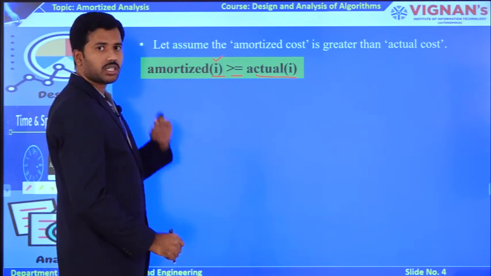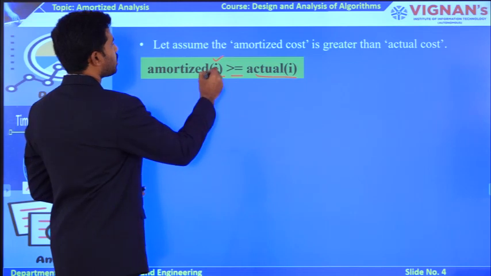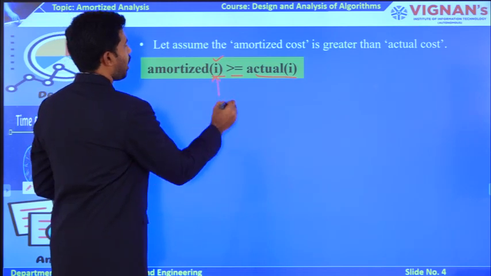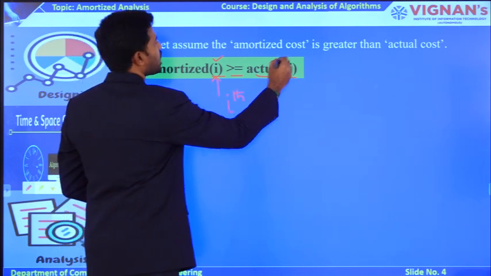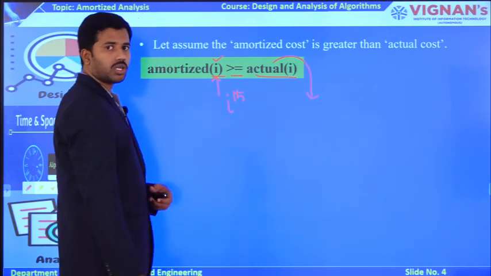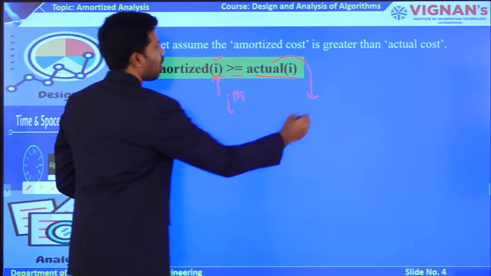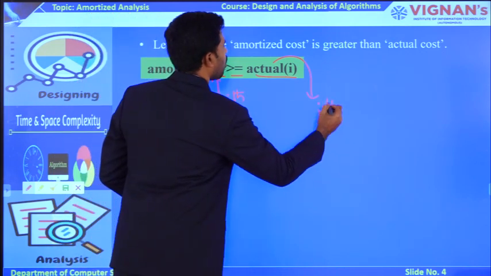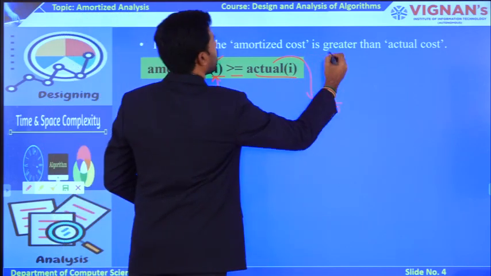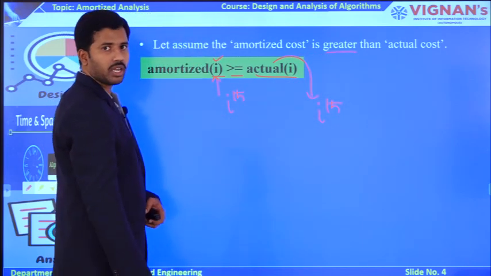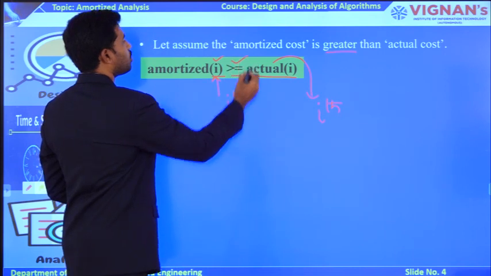The amortized cost for the ith operation. What is meant by actual of i? The amount of actual cost to apply the ith operation. I am assuming that my amortized cost is greater than my actual cost, that's why the greater than or equal to symbol is there.